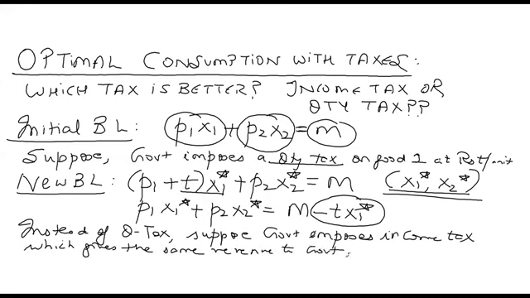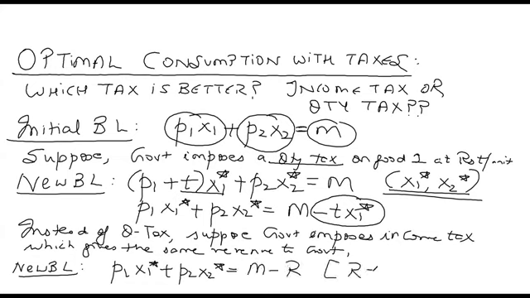So I can say the new budget line in the case of income tax will be P1 X1 star plus P2 X2 star equal to M minus R, where R is nothing but T X1 star only, the same revenue.